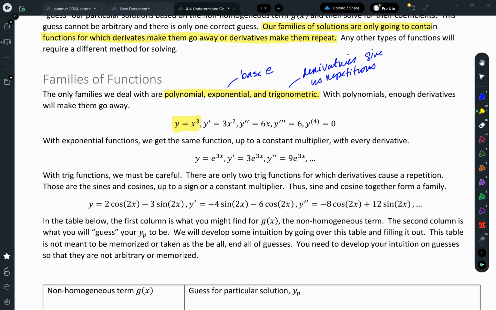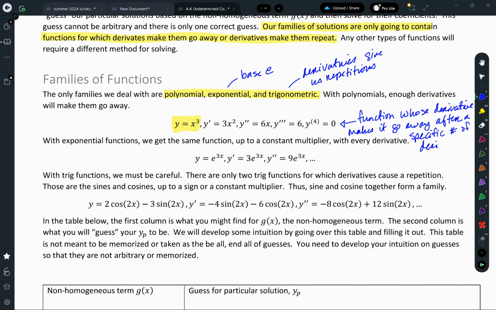This is an idea of what I was talking about, where this is a function whose derivative makes it go away after a specific number of derivatives.